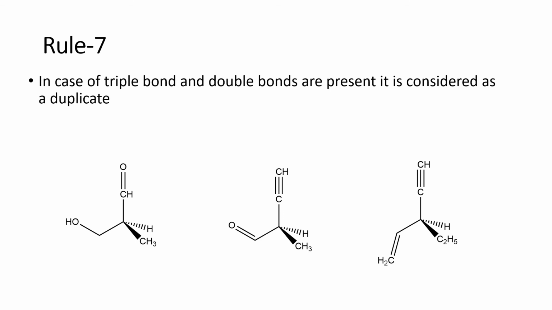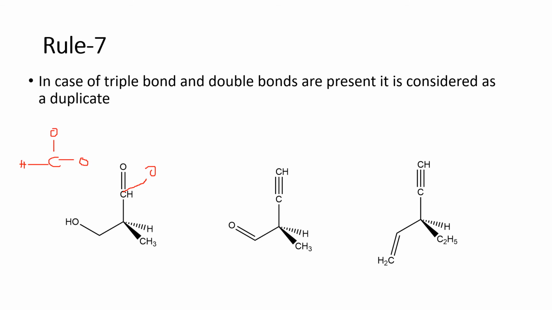That means C is double bonded with oxygen, so this carbon has 2 oxygens. We can write it as attached to one oxygen, another oxygen, and one hydrogen. So a double bond is equivalent to a duplicate, that means it is attached to 2 oxygens. A triple bond means it is attached to 3. According to this, you have to give the priority order.